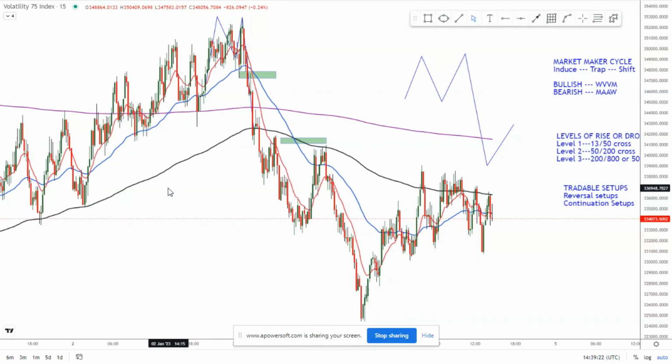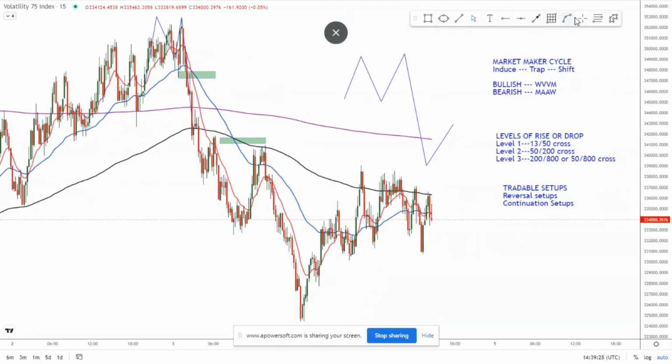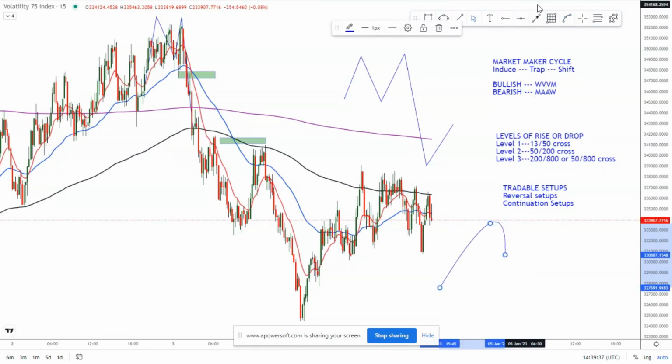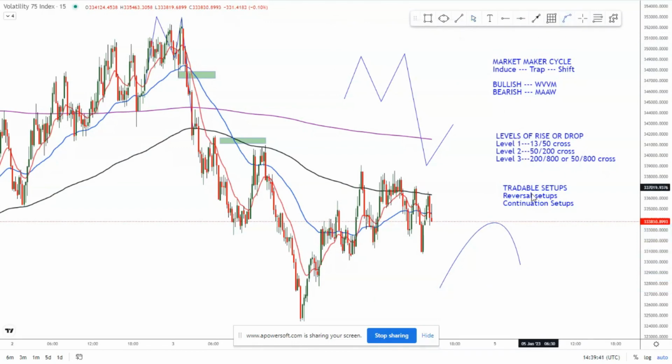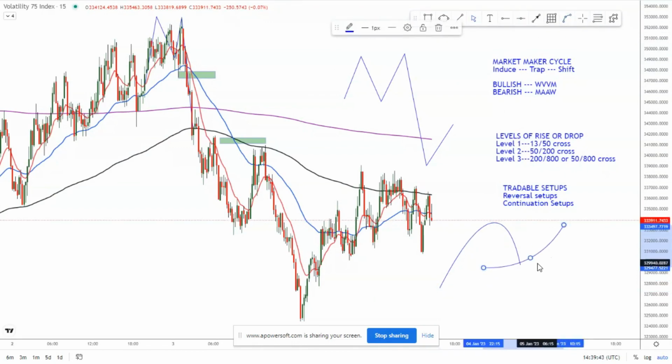If moving averages cross, let's say we are moving like they are like this, and then let me draw another one.